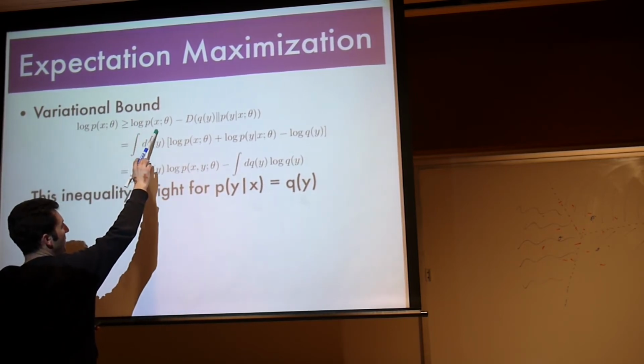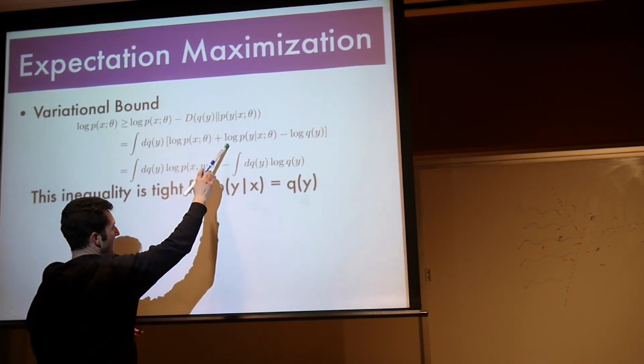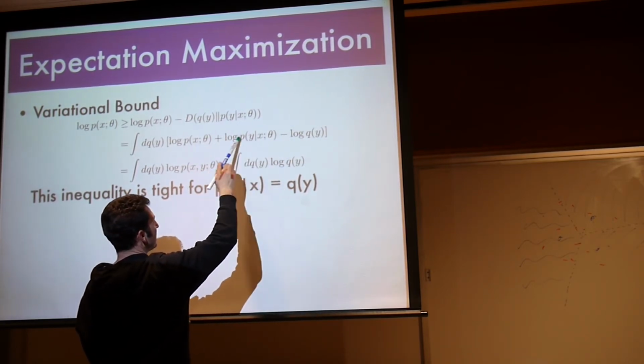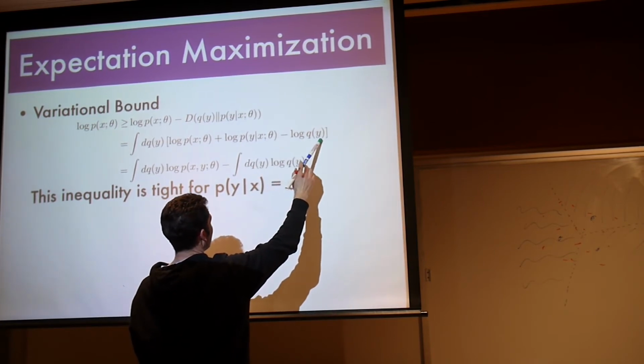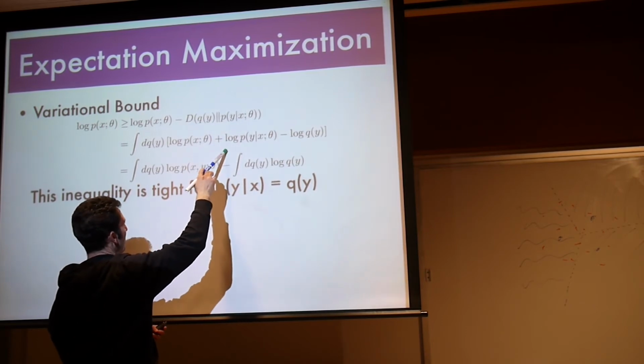That'll still be log p of x after I've taken its expectation. And here there are just those two terms that come directly from the KL divergence. So it's just log of p of y given x and theta minus log of q of y. So this is really just plugging in the definition.